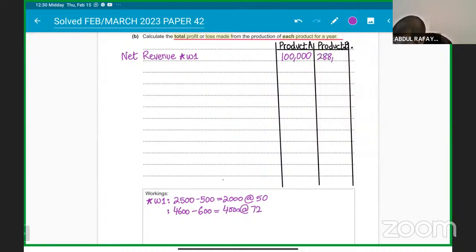So is the revenue confirmed? How will the net revenue come? Whatever units we have produced, we have to remove the units that we have returned, and that is how we'll get the net revenue. Any problem, any question?